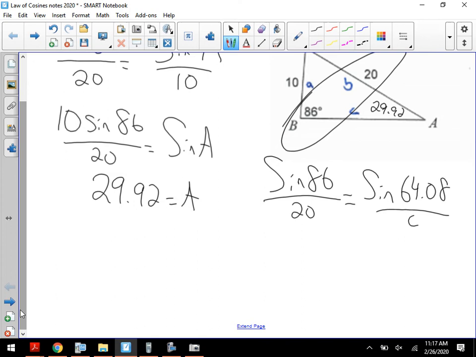Whenever you found the side length, the scenario for which we set them up to solve them was always the same. Exchange-o, change-o with the c, multiply by the denominator. So you'd get little c is 20 times the sine 64.08 over sine of 86.